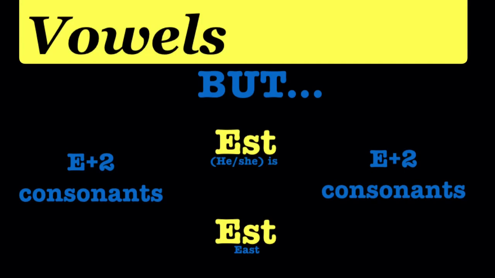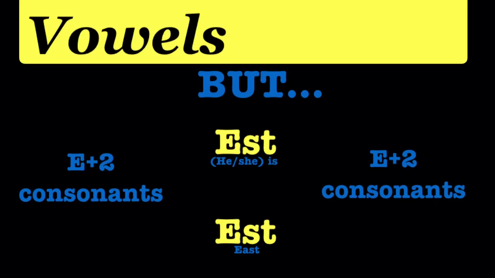So as is often the case, there's a notable exception, and that is the word est when it means is, as in he or she is, which comes from the verb être, to be. In this case, est is usually pronounced est. For example, il est français, he's French. When est, meaning is, is followed by a vowel, it can be pronounced et or et.